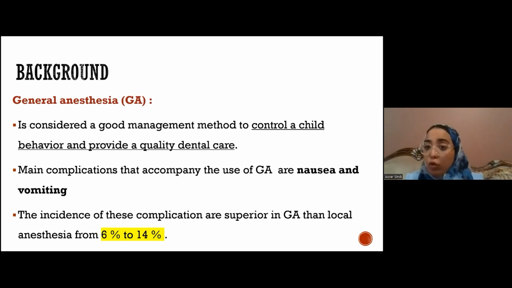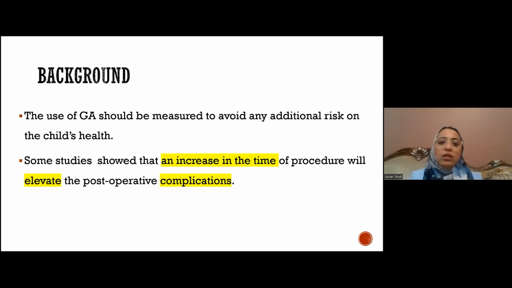The incidence of nausea and vomiting increased under general anesthesia compared with local anesthesia from 6% to 14%, and there are many other complications. The use of general anesthesia should be measured to avoid any additional risk to patient health.